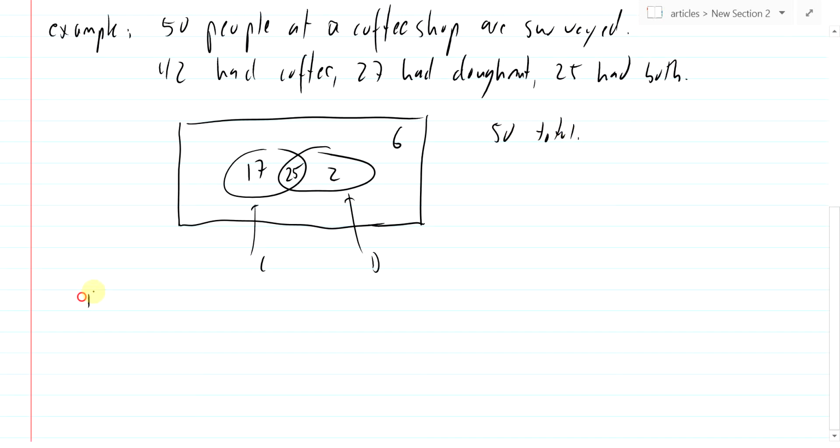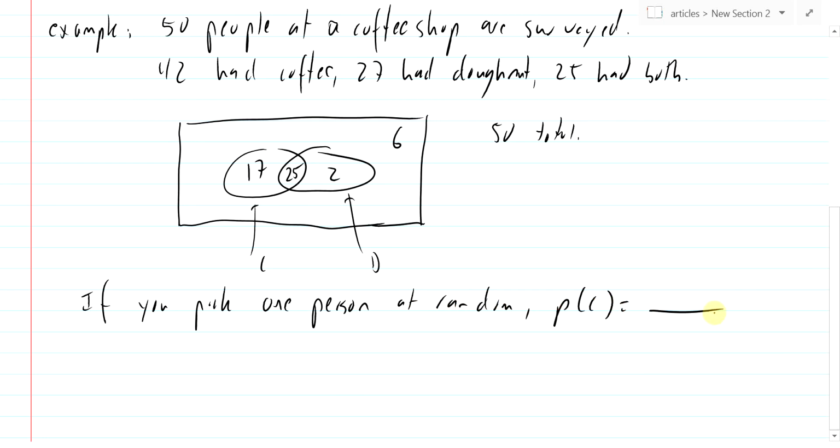If you pick one person of the 50 at random, what's the probability that they had coffee? Well, there's 42 people with coffee, 50 people total, so 42 out of 50, that's 0.84. So 84% of the people there had coffee.